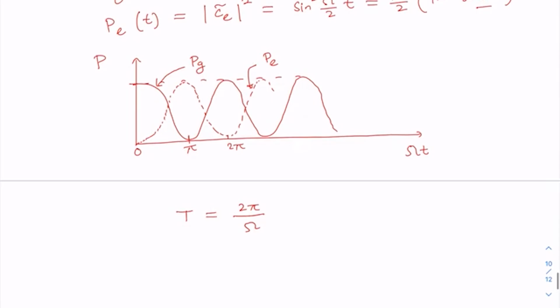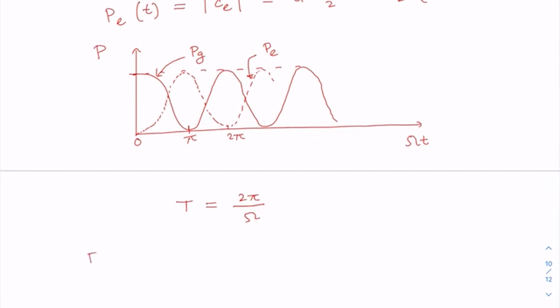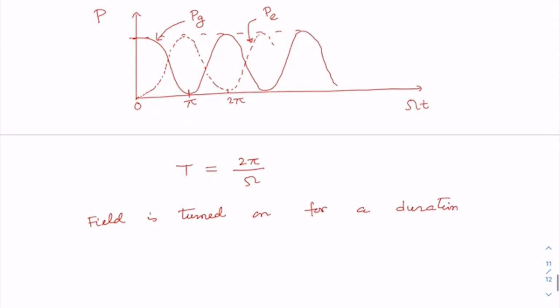Say the laser field is turned on for a duration of half of the time period of oscillation. Then the product of omega, the Rabi frequency, into t would be equal to pi. So I'm talking about this one.